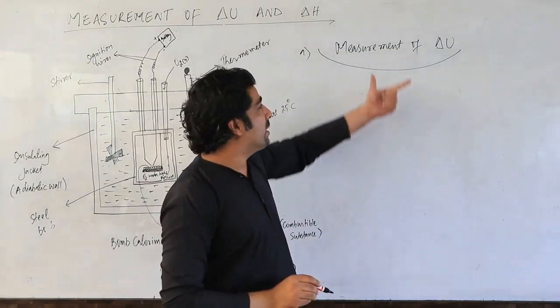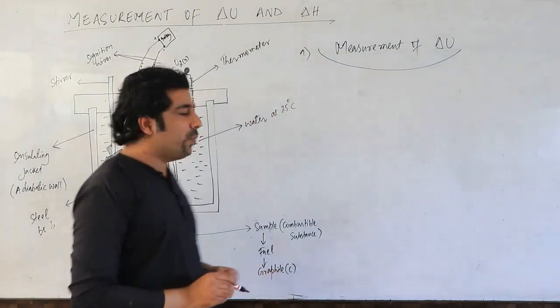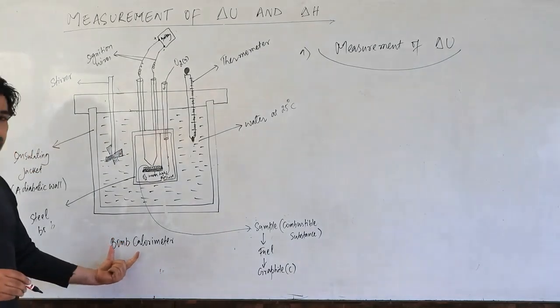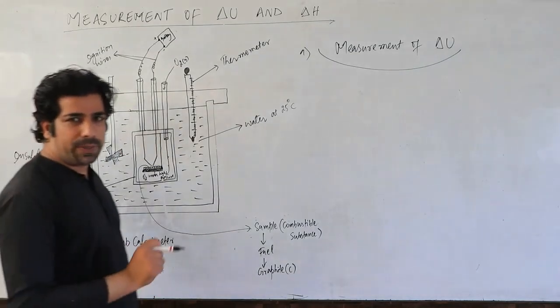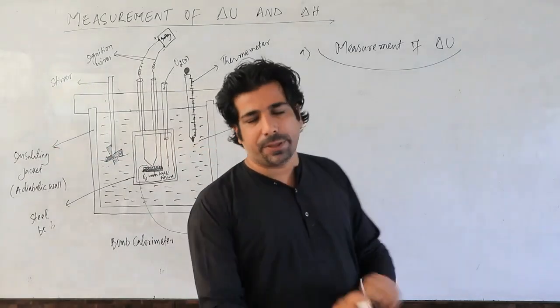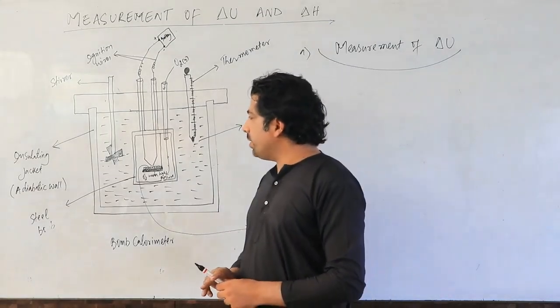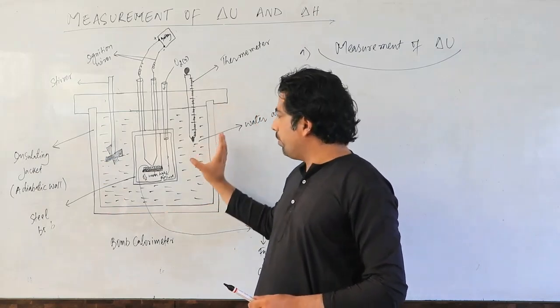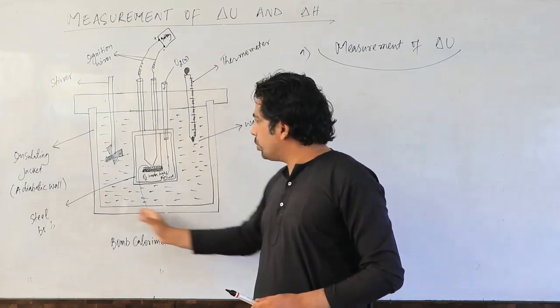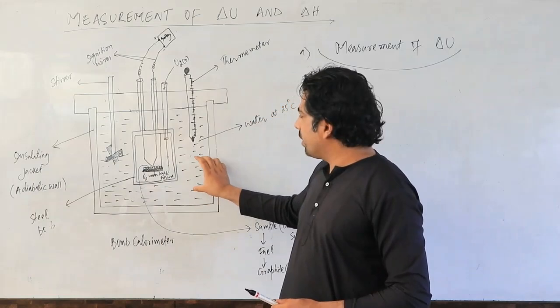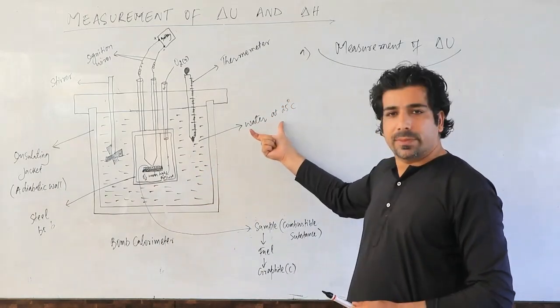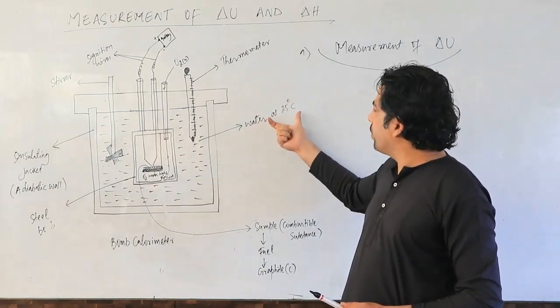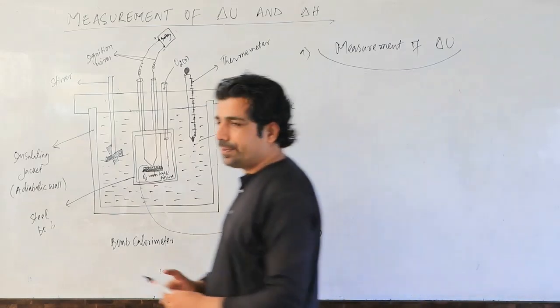In order to understand this delta U, we have to take the bomb calorimeter. So what is this bomb calorimeter all about? Let's have a look. In this closed chamber, I have taken water at 25 degrees Celsius.